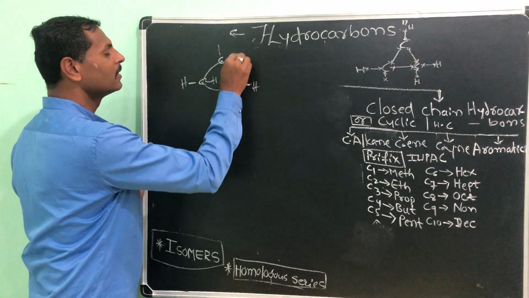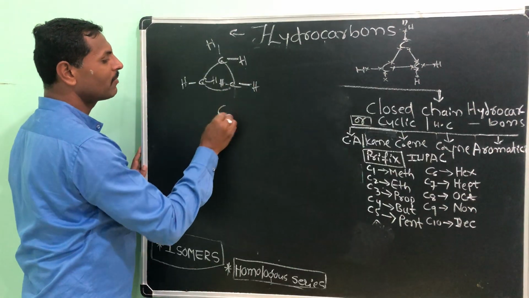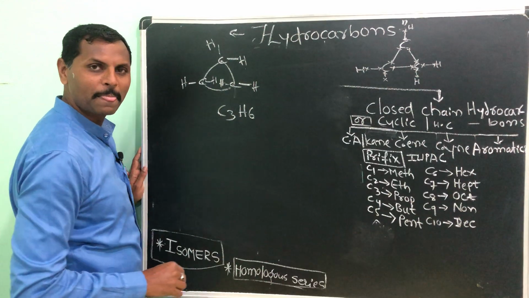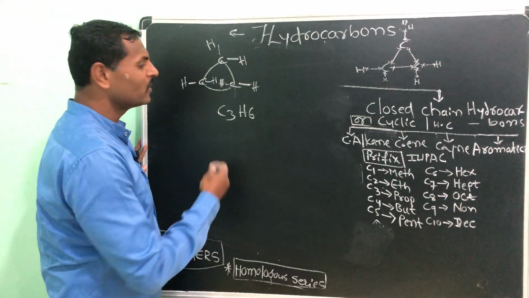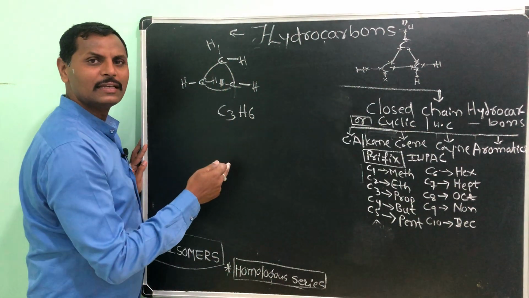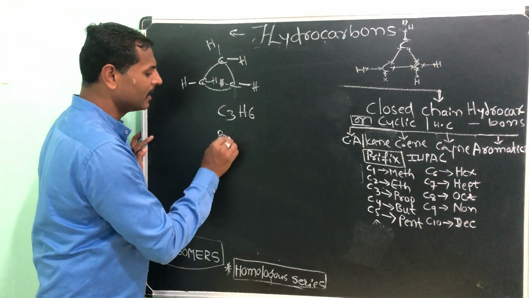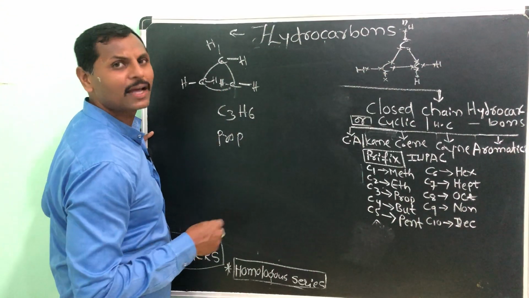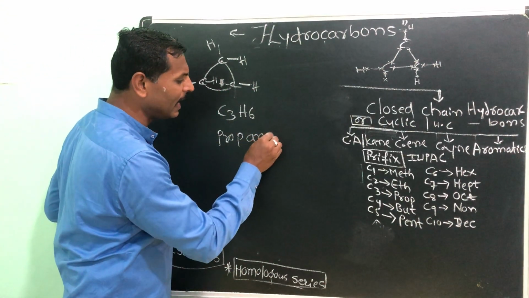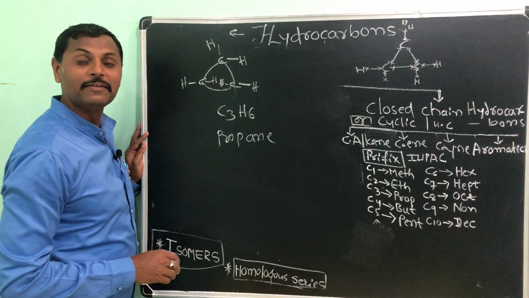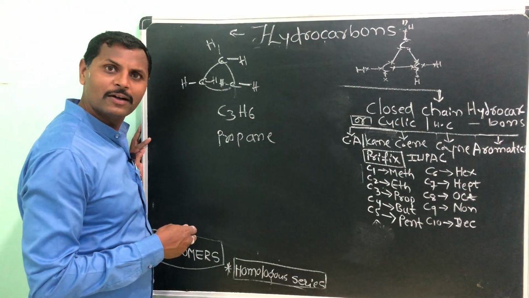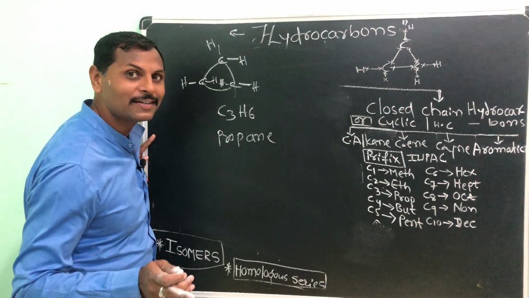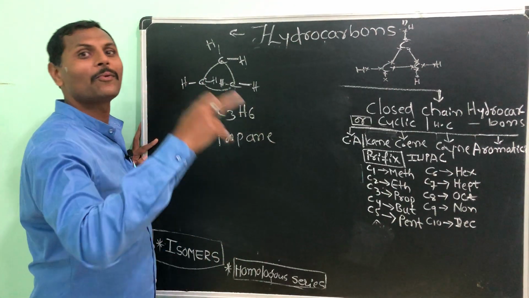Then tell me, the number of carbons is 3 and the number of hydrogens is 6, C3H6. So name it: the number of carbons is 3, the prefix is prop, and a single bond is there between the carbon atoms, so end with ane. Propane. Is it propane? Are you sure? Yes, it is propane, but it is cyclopropane.